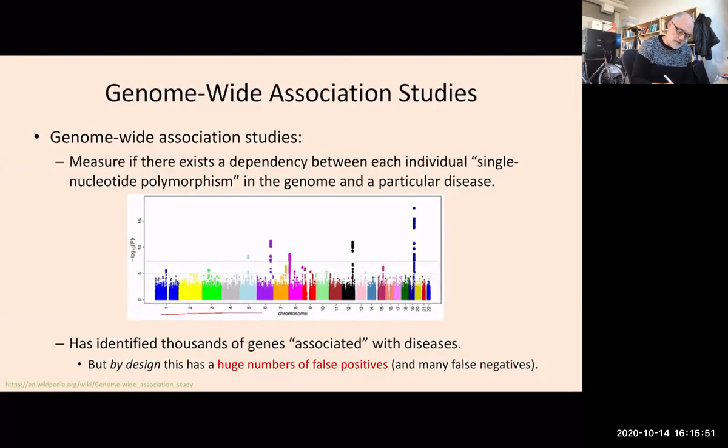So here's a position along a chromosome, an index in the genetic code, and this is the p-value on a test as to whether a single nucleotide polymorphism, or a change in the genome there, is correlated to a particular disease.